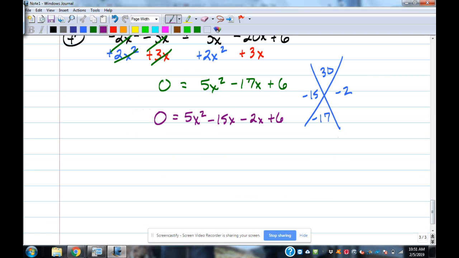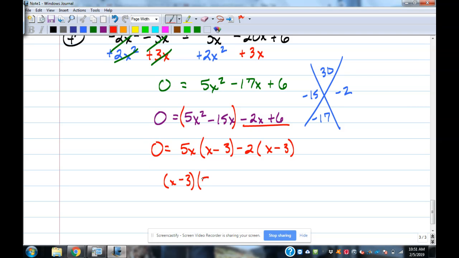Group. GCF of that first group. 5x. What's it leave in parentheses? X minus 3. Second group. Negative 2. X minus 3. So we have x minus 3, 5x minus 2, and then we set each of those equal to 0.